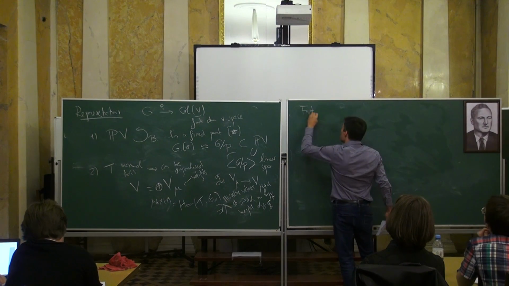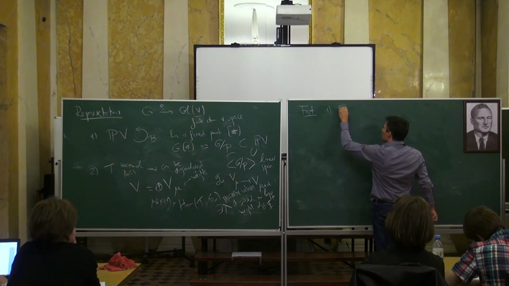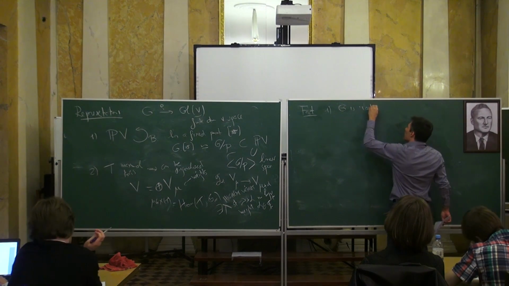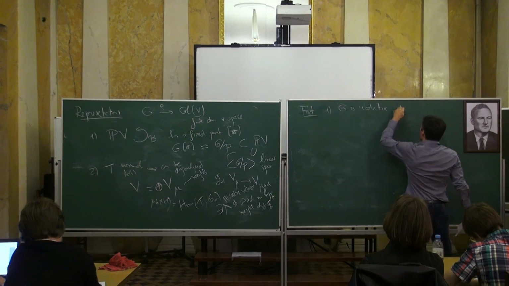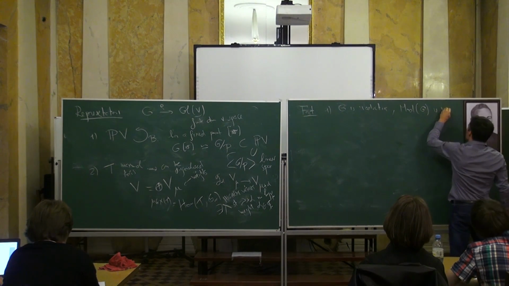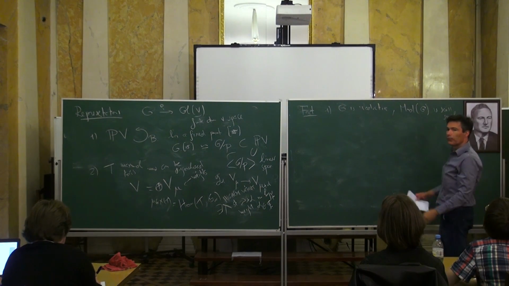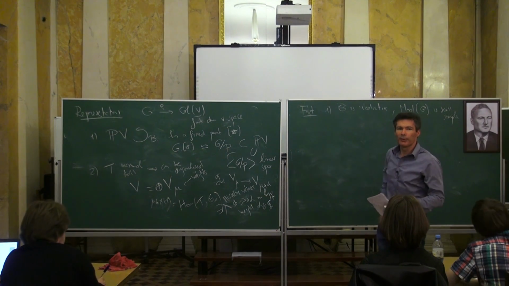So, one highly non-trivial fact is that if G is reductive, then the category of representations is semi-simple. In other words, every representation is a direct sum of irreducible representations.